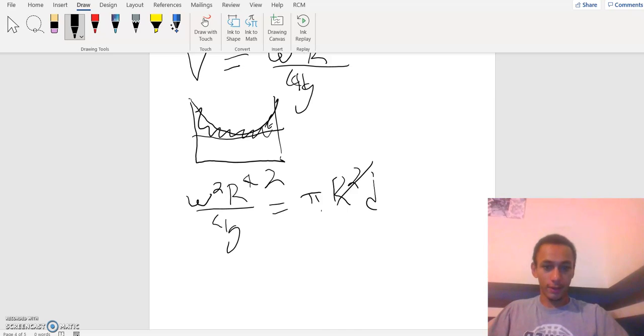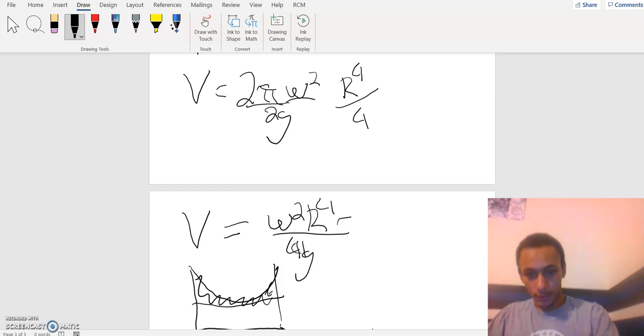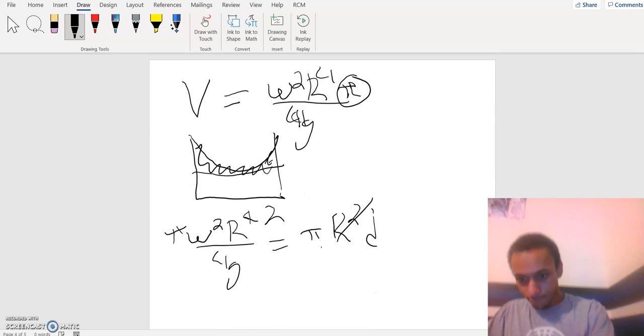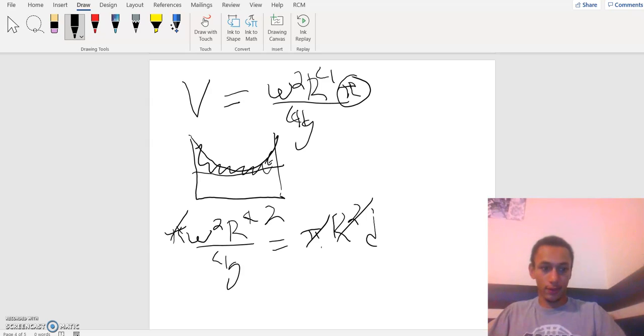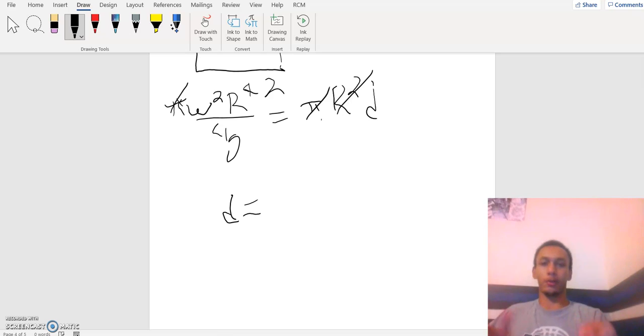Actually, I think I messed up. I forgot that a pi here. I have it there, but I did not bring it over here. So this pi cancels out that, and eventually we finally get the dip now, which is the variable we need to find.